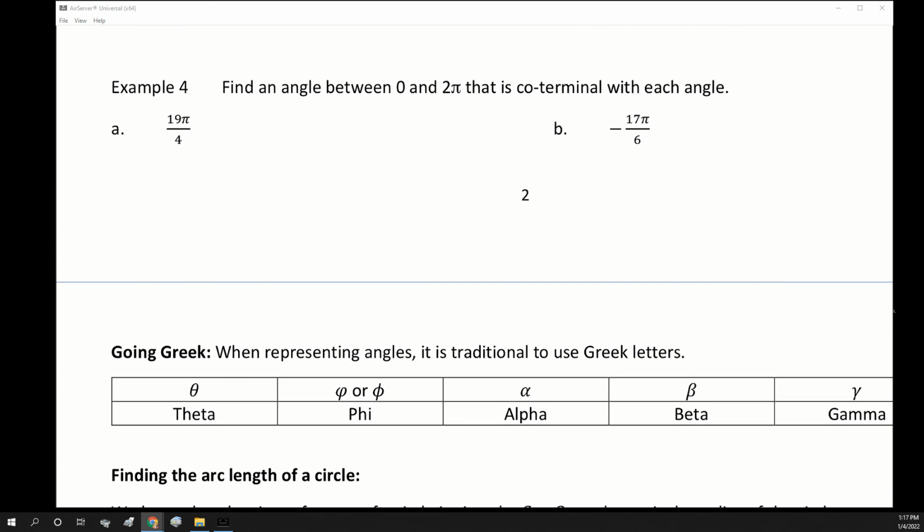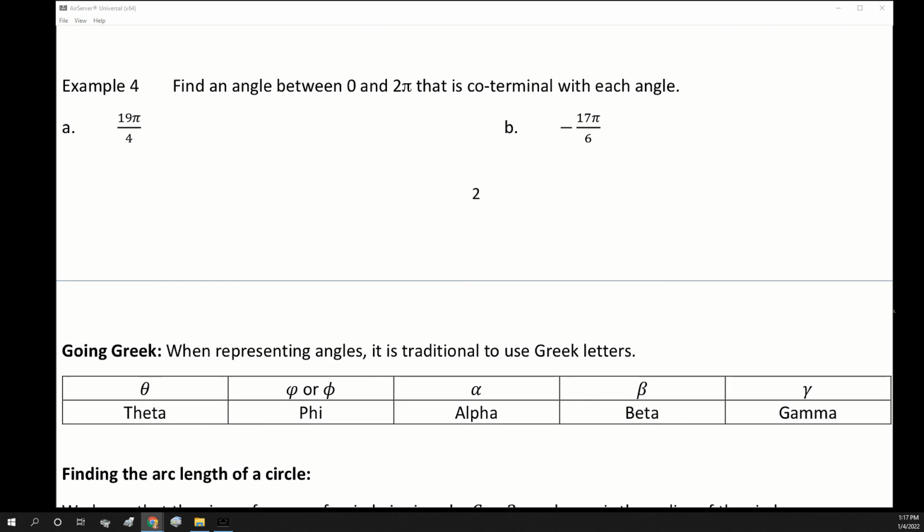Okay, now we're going to do the same thing. This one is going to be more challenging because we're not using calculators that are very smart. And so we're going to have to deal with adding and subtracting fractions. But we want this angle in radians. And so this time, we are going to add or subtract 2 pi.